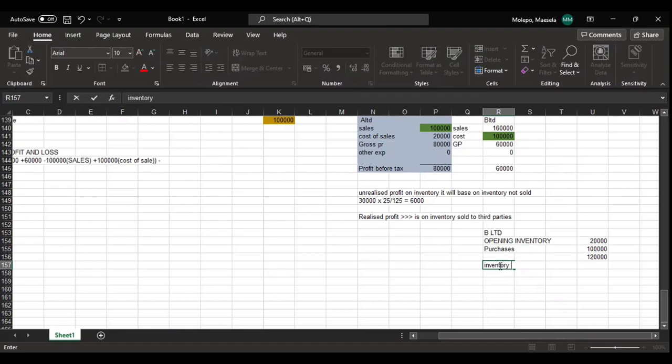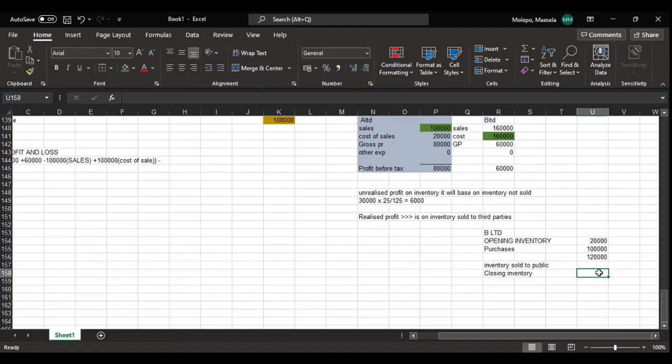Inventory sold to the public. And then the closing inventory, as given, is how much? 30,000. So it means 120 minus 30, that balance is 90,000.